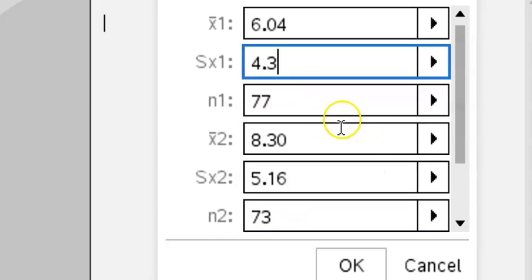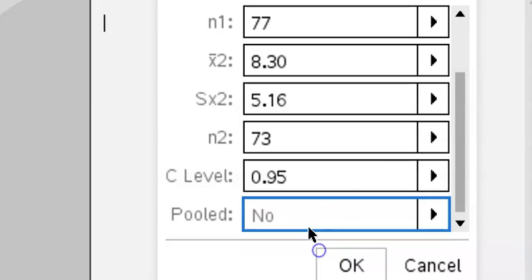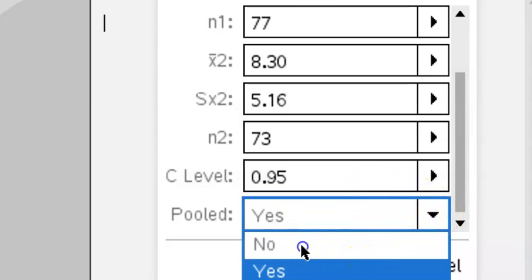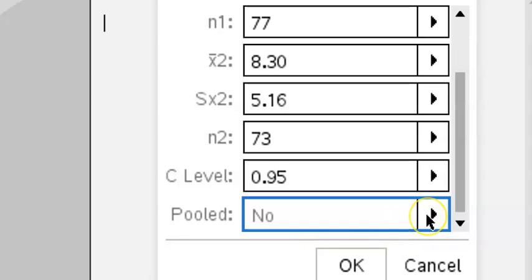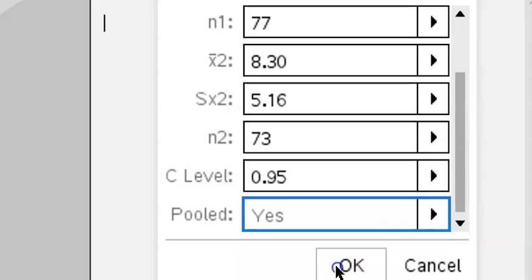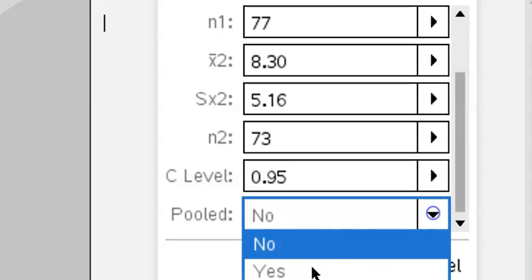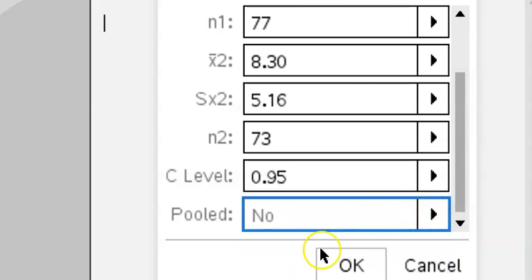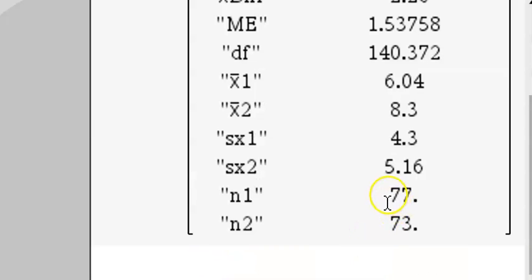Now the question of whether or not to use pooled variance, or pooled standard deviation: if you know that the populations have the same standard deviation, the same variance, then you can use pooled variance. Will you know that in practice? No. So you can almost never use this. However, ultimately it doesn't make too much of a difference in your calculations. This is what we would get.